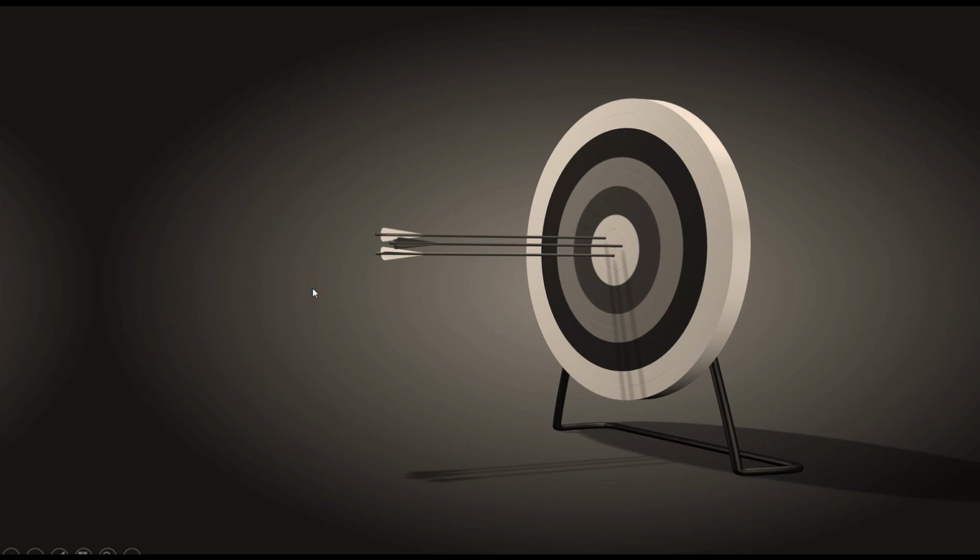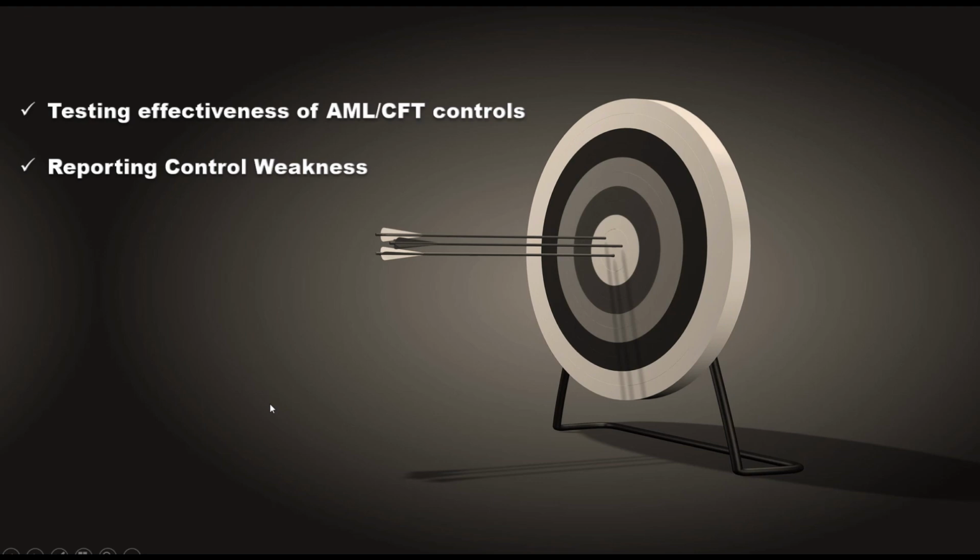In summary, an AML safety auditor will perform the following activities. They perform testing to assess the design and effectiveness of controls aimed at mitigating AML safety risk. They identify and escalate control weakness to senior business and compliance management.